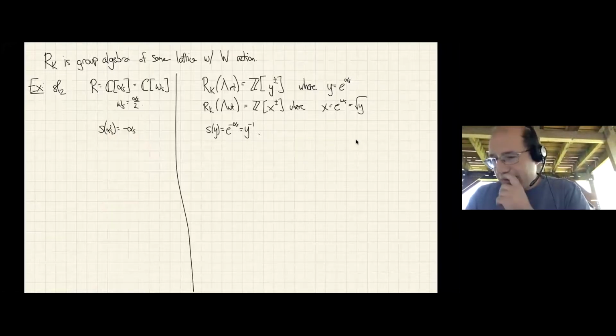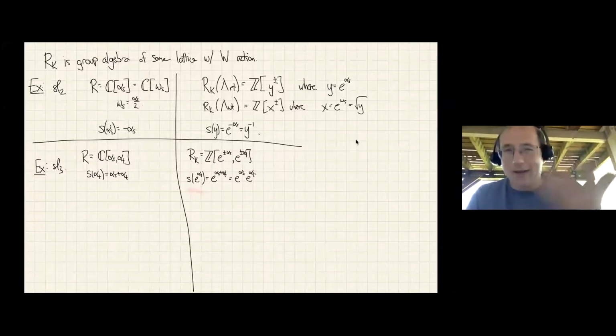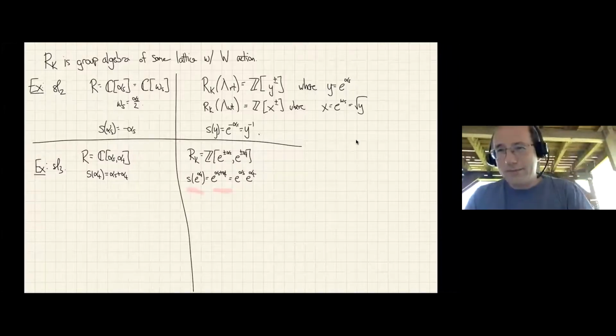So for SL3, for instance, s of alpha t is alpha s plus alpha t, whereas here everything is done exponentially. So s of e to the alpha t is e to the alpha s plus alpha t, which is e to the alpha s times alpha t. So plus becomes times.